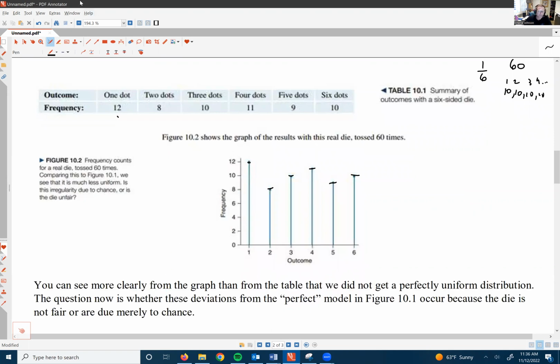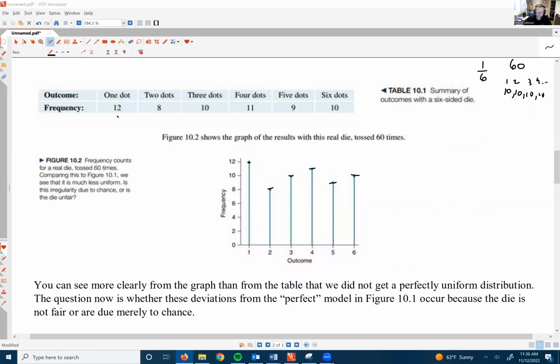You can see more clearly from the graph than from the table that we did not get a perfectly uniform distribution. The question now is whether these deviations from the perfect model in 10.1 occur because the die is not fair or are due merely to chance.